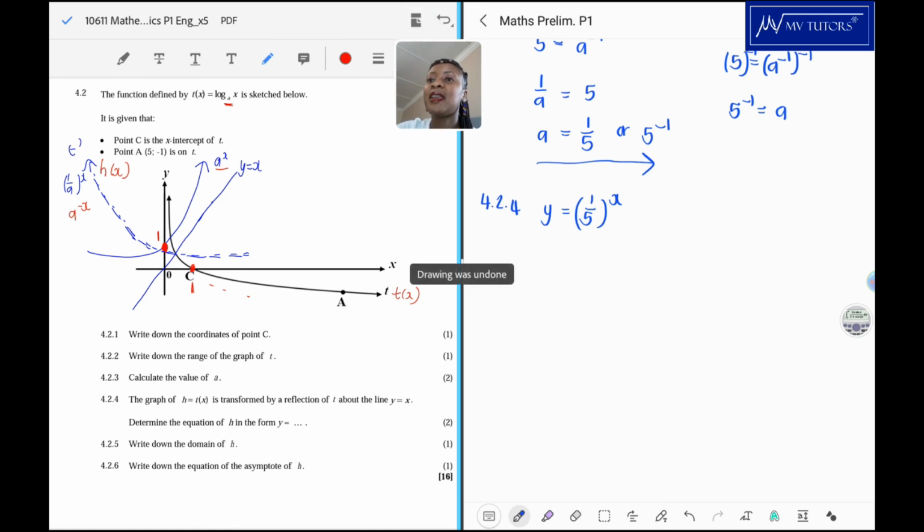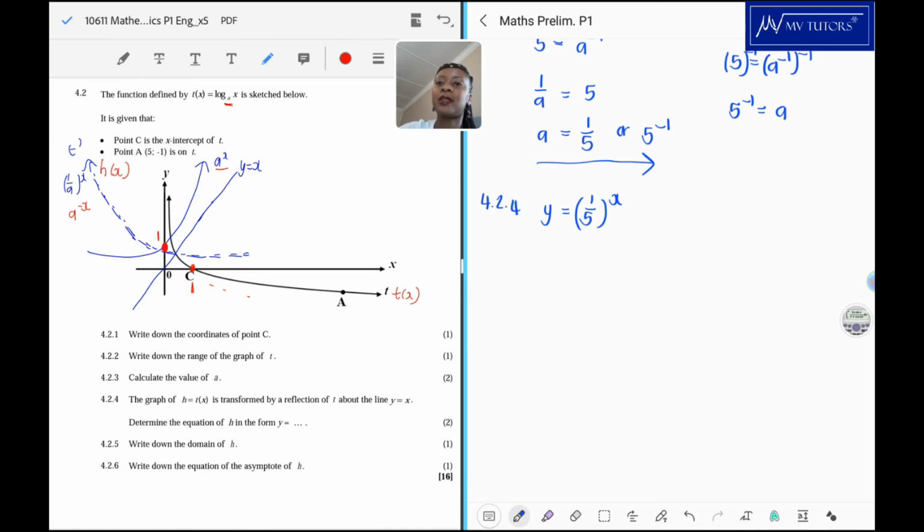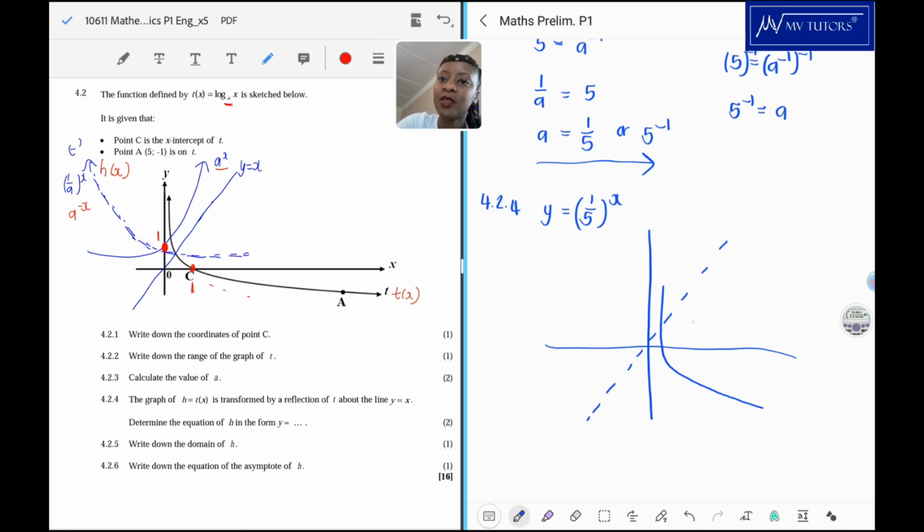So if I were to redraw it, if maybe you didn't understand properly. This is not such a nice graph, but you have that graph, right? And again, we have our y is equal to x, so it has to be symmetrical. So basically that is h, and that is t.